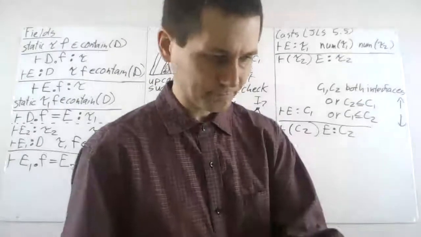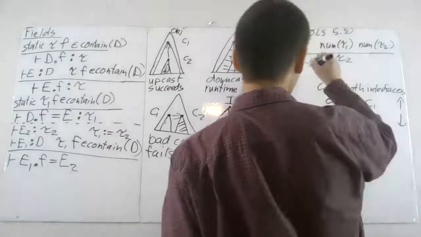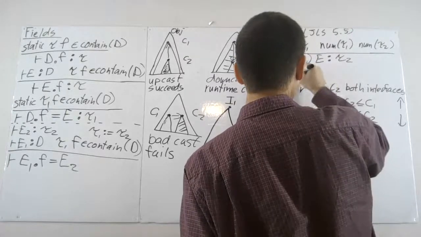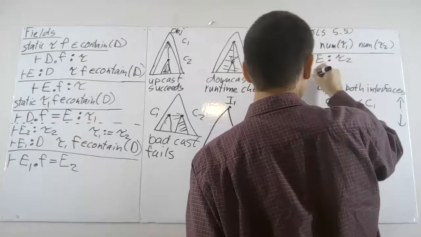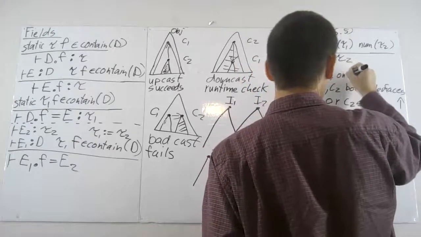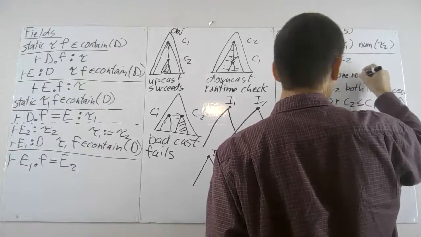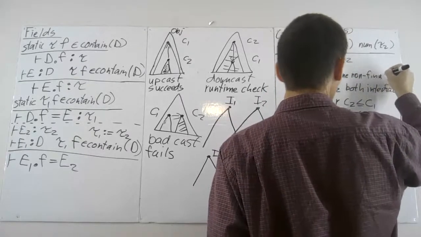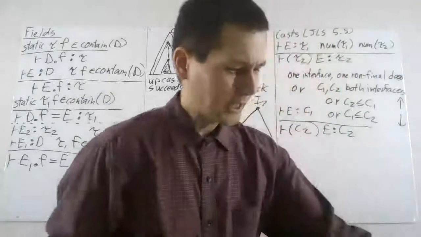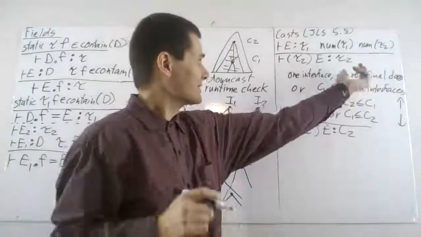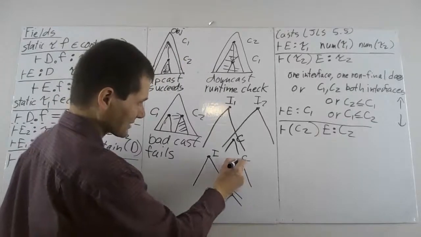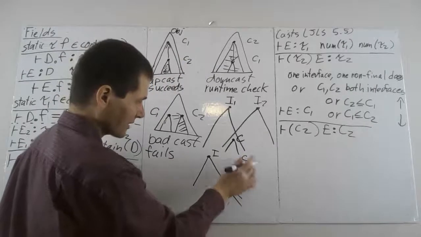So I'm going to say one interface and one non-final class. There we go. The non-final is actually in the spec. You might say, if the class C was final, then there's nothing underneath it, right?